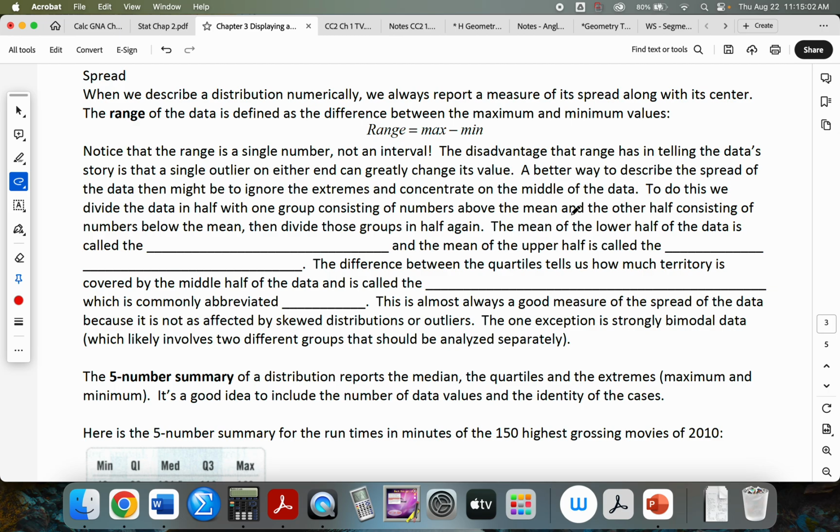We did this in pre-algebra also. Okay, it's been a long time. So to do this, we divide the data in half, with one group consisting of numbers above the median, and the other half below the median.